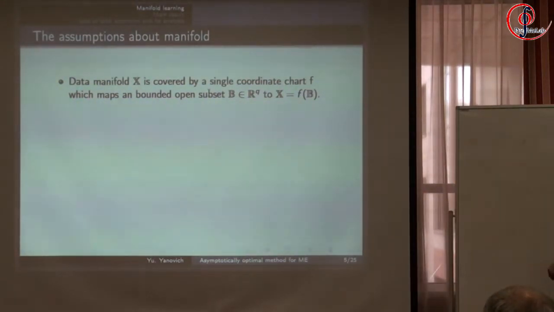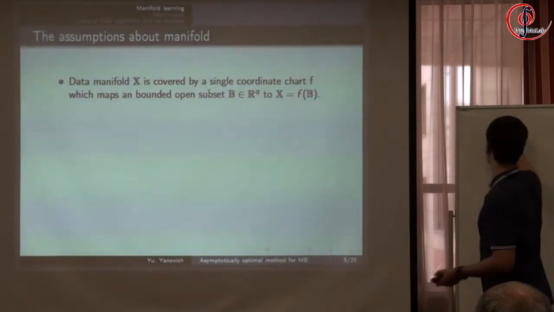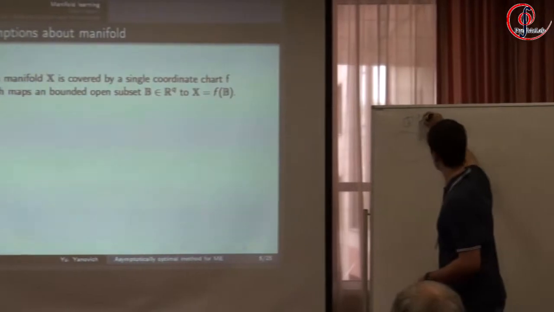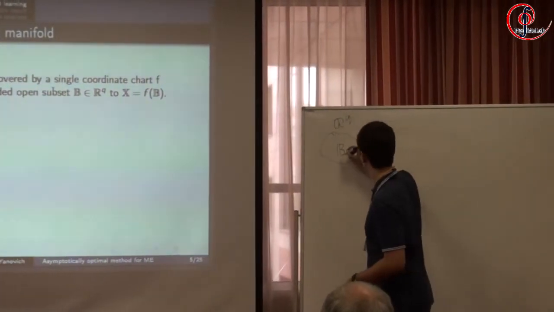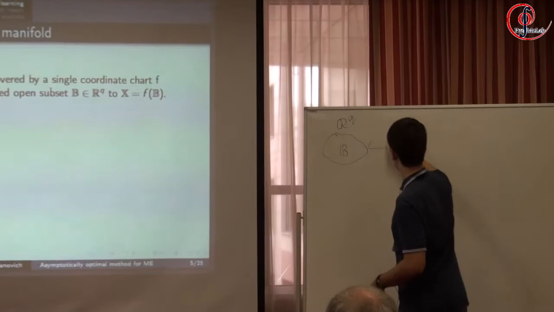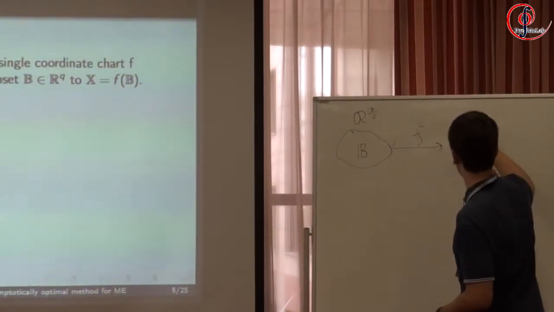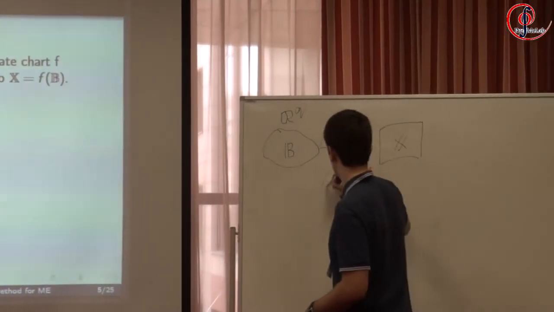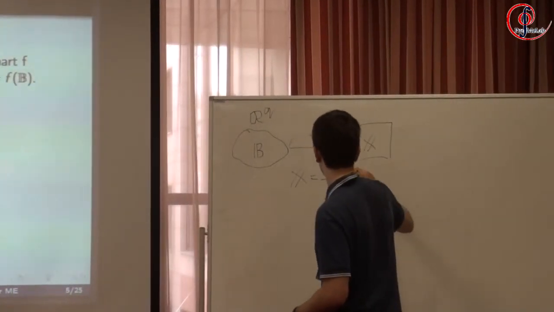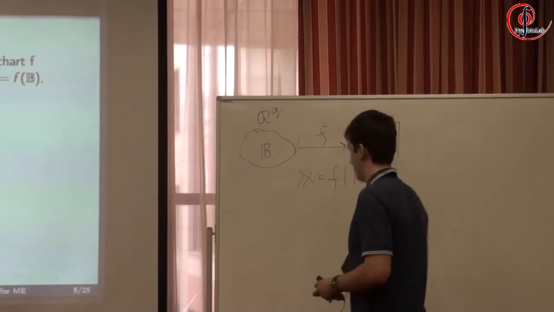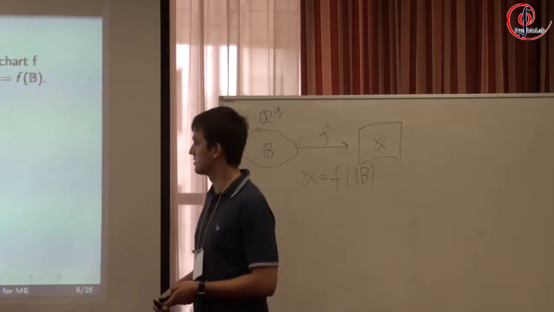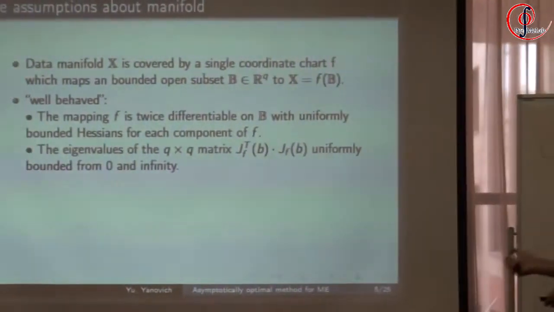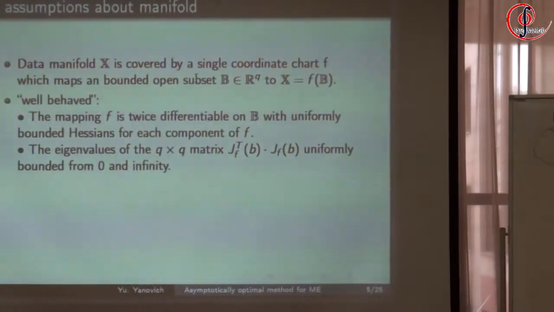This means that there exists some set in low-dimensional space, let's call it D, and some mapping F, such that our manifold X is just F of D. The other assumption is that our mapping is well behaved.